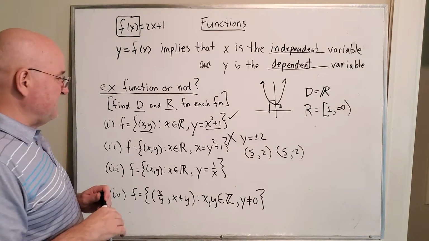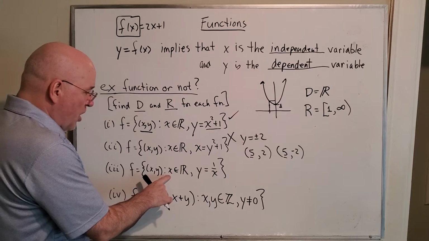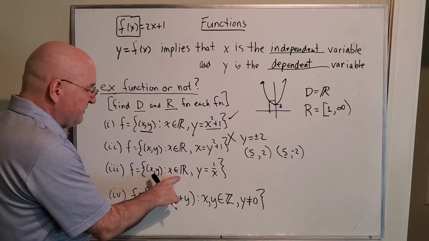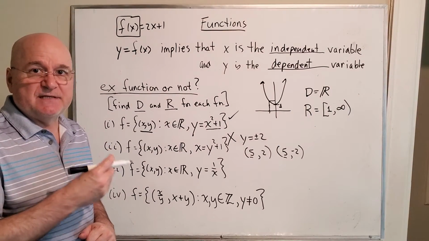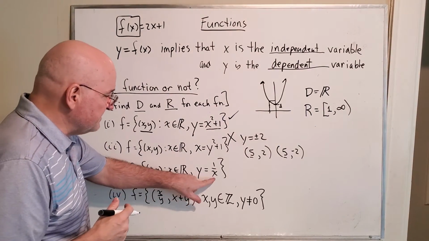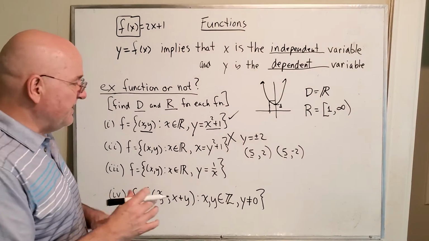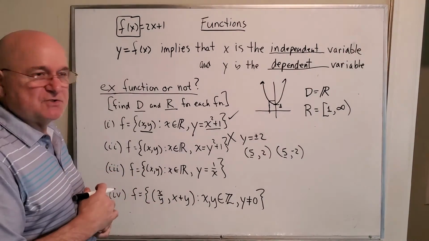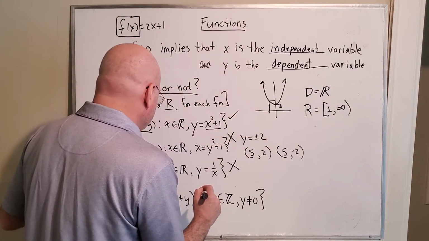Well, you might be tempted to say that it is a function, but because we're defining it for all the values of x in the real line, that means x could be 0, and it means this is not defined for 0.